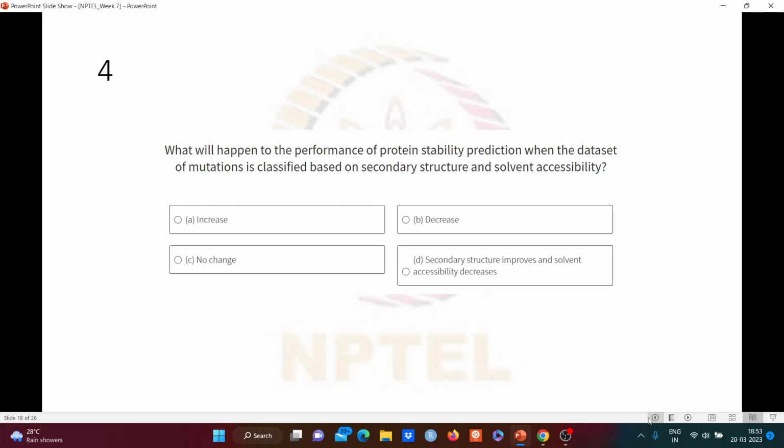Yes. Since secondary structure and solvent accessibility are important for identifying protein stability, both classifications of the dataset will improve the performance.